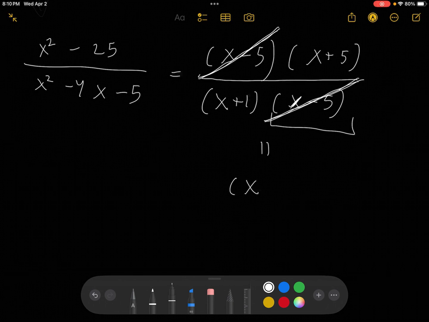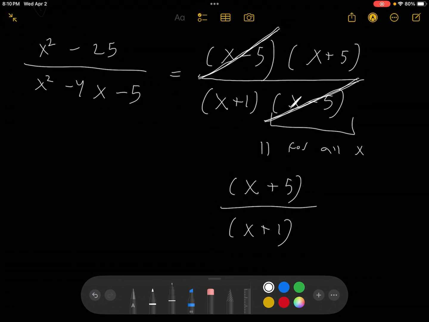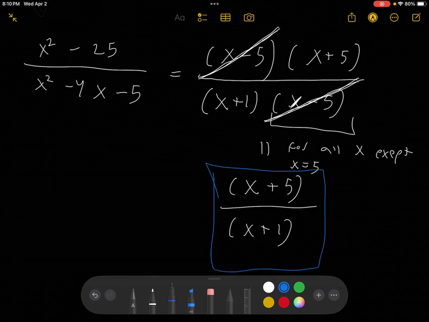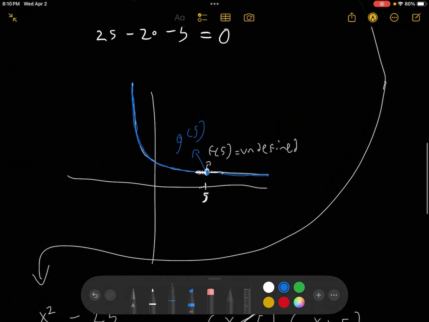So we see that this equation is equal to this one for all x except x equals 5. And then notice that this is exactly what we wanted to do. We wanted to create a new equation for the function that was the exact same, but it doesn't have the issue where it's undefined at 5.